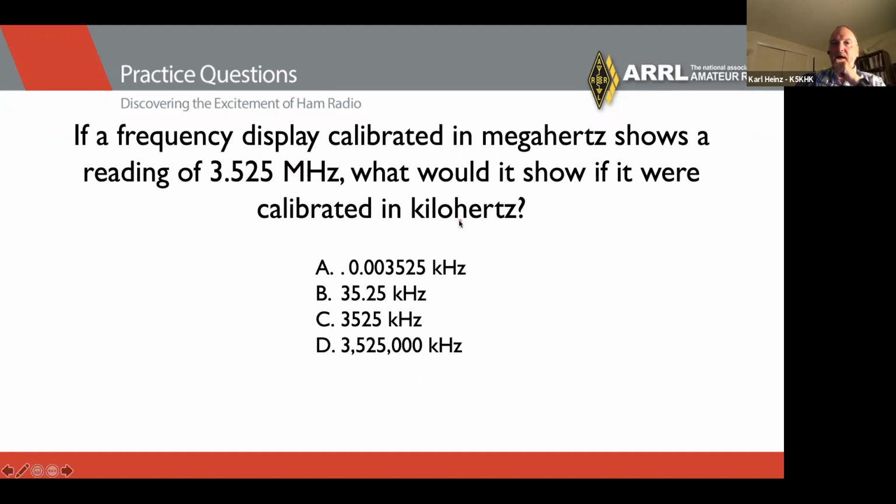So how many is that? 3,525 kilo, because it's down 3. So you're gonna move it over 3, and you'd get 3,525. Yes, kilos below mega, so kilohertz, C is the right answer.